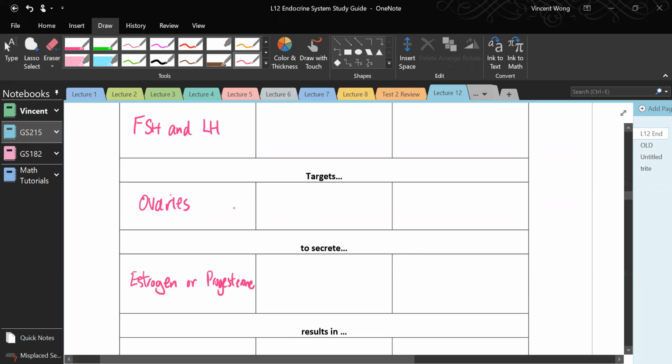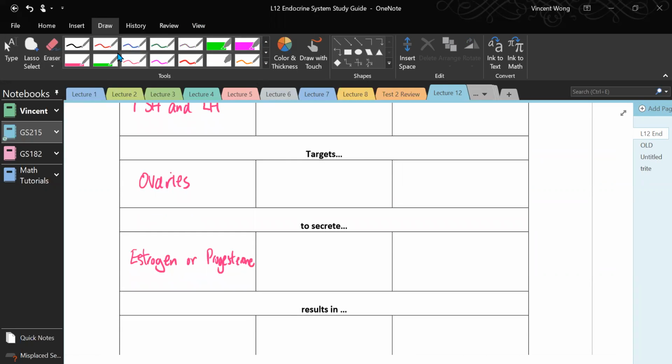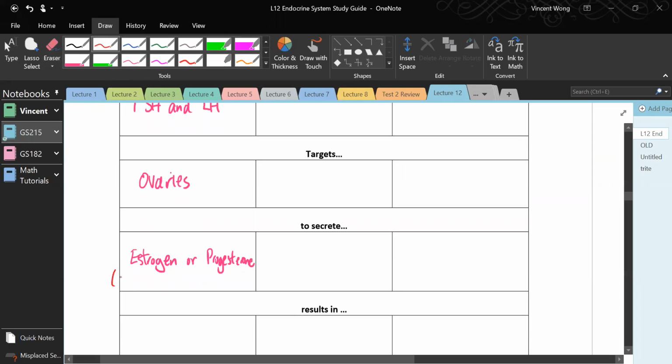So again, just to make a note for you, this is the follicular phase. And this is the luteal phase.